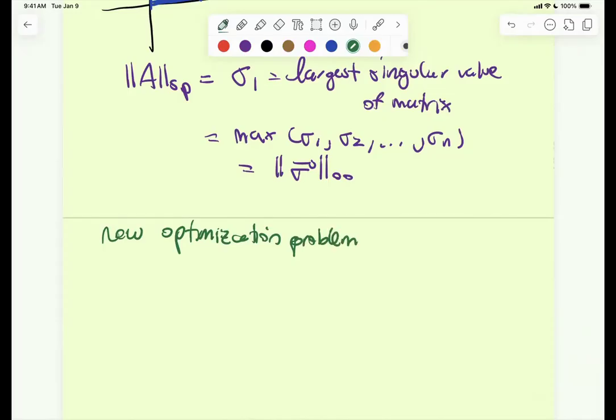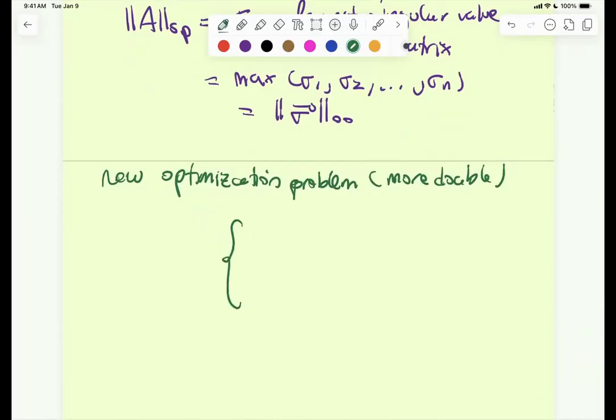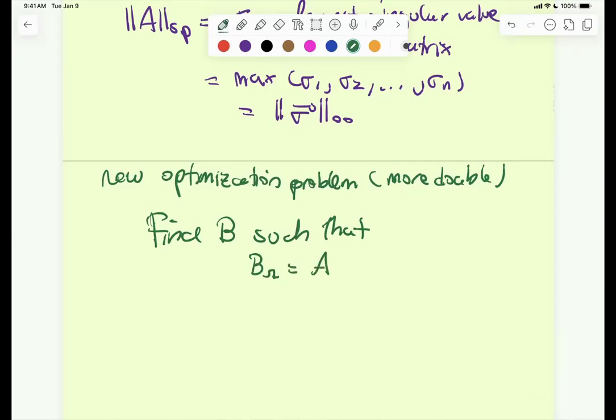Because in a sense, it's more doable. That's the idea. Let me write it like this: you're trying to find a matrix B such that on the sampled entries, it agrees with the matrix A that you started with.